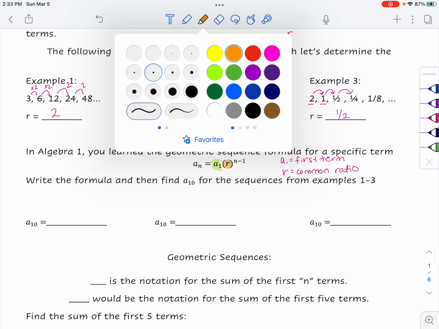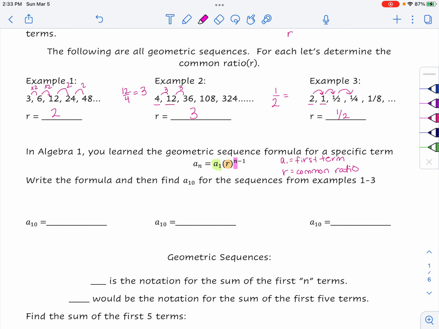And the last variable we have is n. And you notice that n actually shows up in 2 places. It's here, but it's also the subscript of the A in front. So n is the number term that we want. We want to find the nth term.